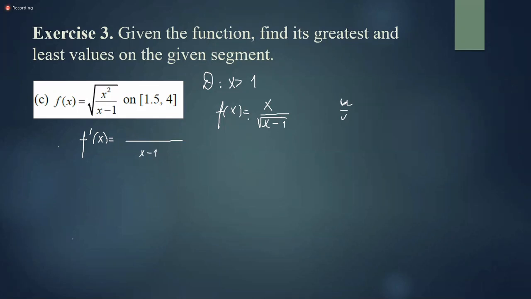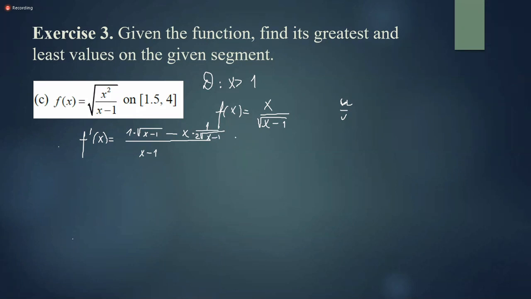Now x's derivative is 1 times the denominator v without derivative, minus x without derivative times the denominator, this small square root differentiated. That is 1 divided by 2 such square roots. We should also multiply by the derivative of x minus 1. But okay, it's 1, so nothing changes really.